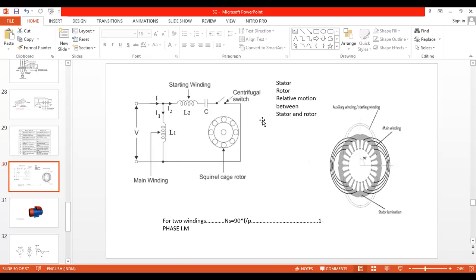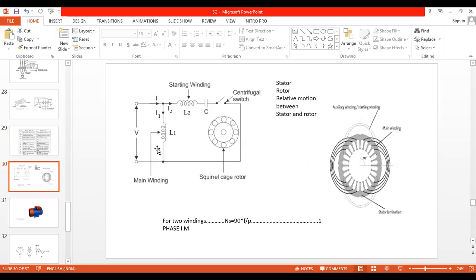Single phase, I repeat once again, single phase induction motor contains stator, rotor, and relative motion between stator and rotor. Stator has main winding and starting winding, which are perpendicular to each other. When input supply is applied to the induction motor, current flows through the stator winding. This current is divided into I1 and I2. I1 flows through main winding, I2 flows through starting winding.